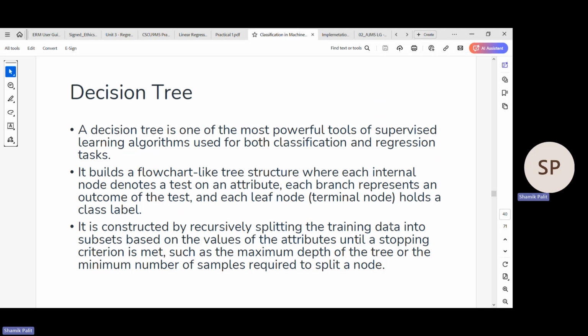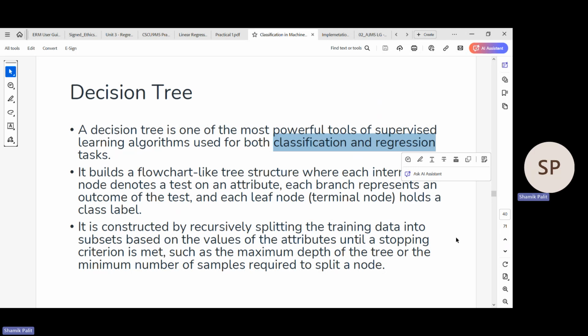Coming to the next algorithm, which is basically known as the decision tree. This is also another supervised learning algorithm like SVM, which we have learned, and it can be used for both classification as well as regression. So basically, whenever we start making any particular type of decision, as is very clear from the name, we take help of tree structures, which we have already studied earlier.